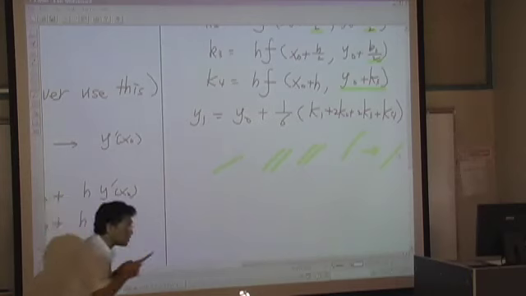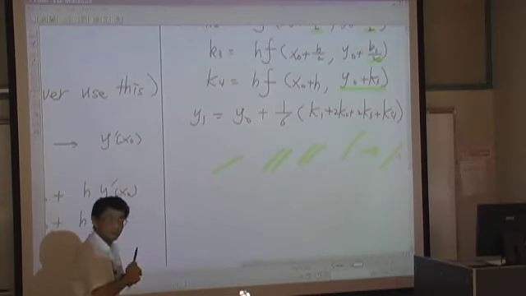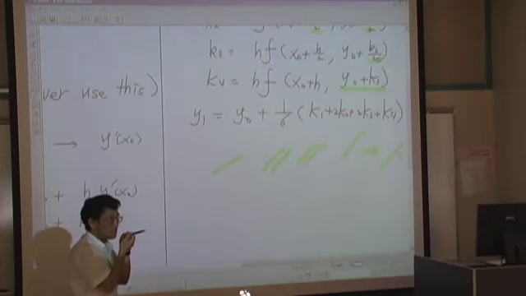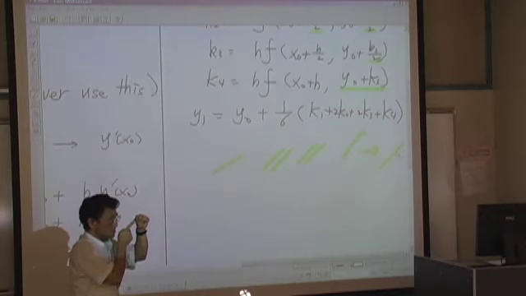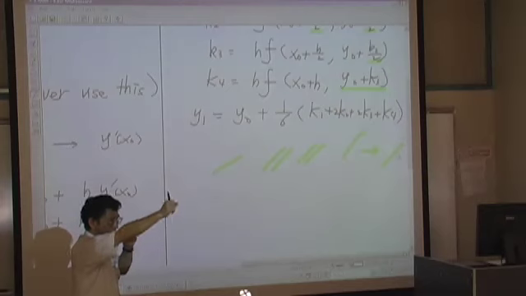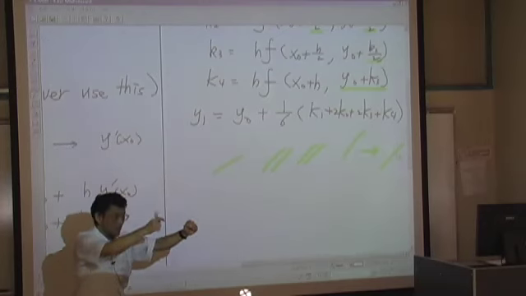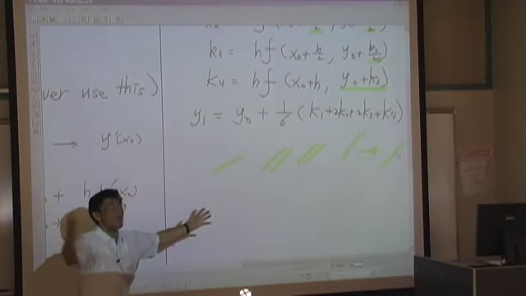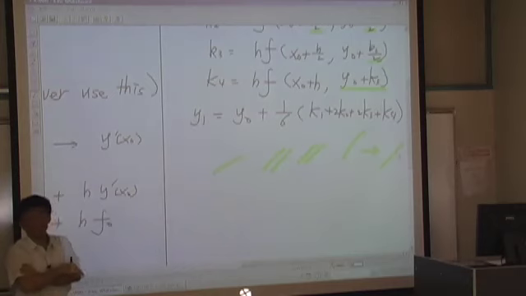So we are finding slopes in many different ways. The Euler method just uses the slope at the beginning point. Heun's method averages the slopes at the beginning and at the end. RK4 creates 4 different slopes: beginning, two in the middle, and the end. Then a weighted average determines the slope, and it is better than all the other methods.